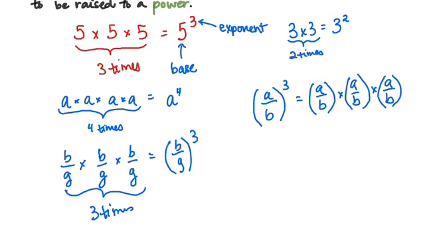Notice that I include parentheses in both these examples. We're going to talk a little bit more about it in a few minutes. But parentheses become really important when you want to specify that what you want to raise to the power is this entire thing that's inside the parentheses.